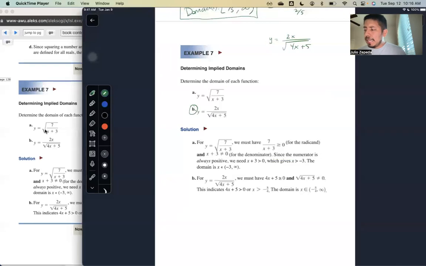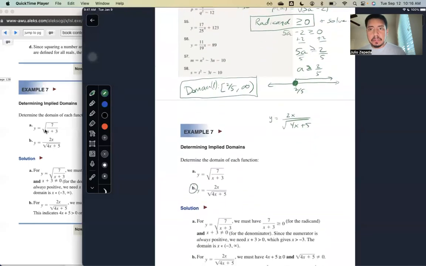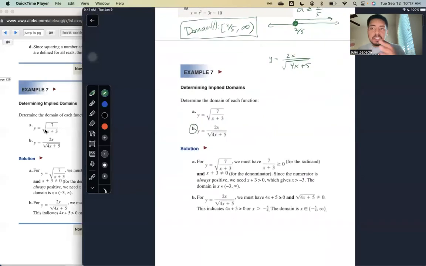Remember we said we take the radicand and set it greater than or equal to 0. That's our procedure for finding the domain of a square root function. This is a square root in a denominator, so we're going to have to do a little bit more work. But let's start with just getting the radicand greater than or equal to 0.